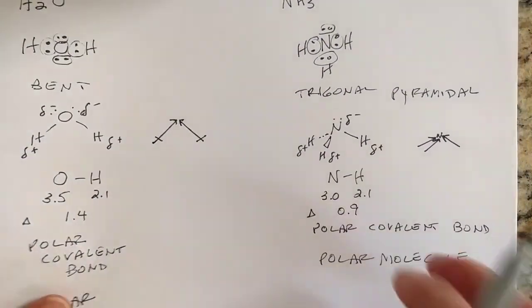Okay, so now I'm just going to sum up. So we can certainly go through that whole process to figure out the polarity of our molecules, but we kind of have a little shortcut here. So remember, if we have two atoms in the molecule, then whatever the bond is, that's what the molecule is.